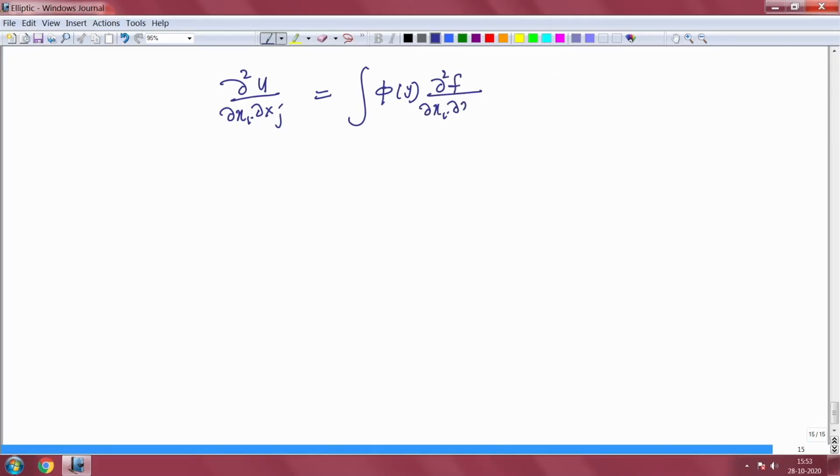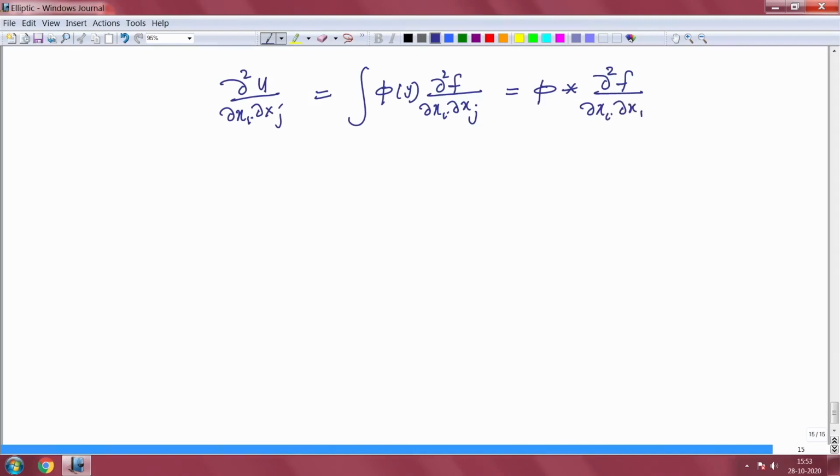You see I am not touching my phi, which has a singularity. As long as my f has differentiability I can go on doing this. So, this is nothing but phi star of d square f by dxi dxj.